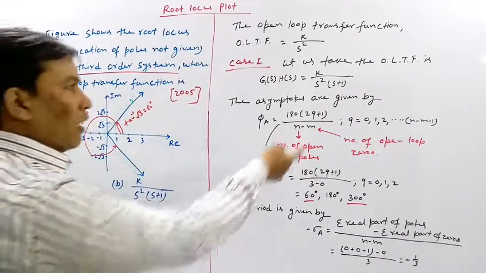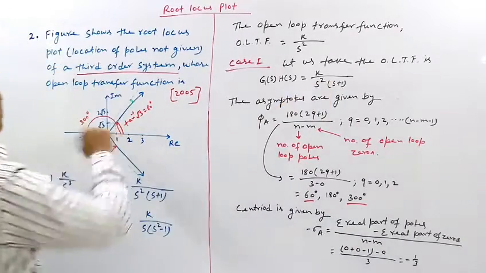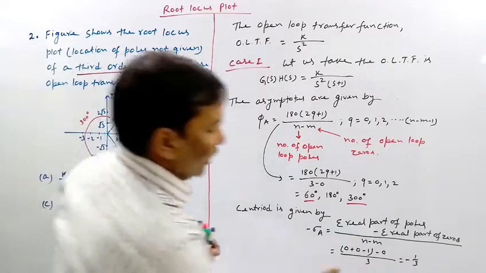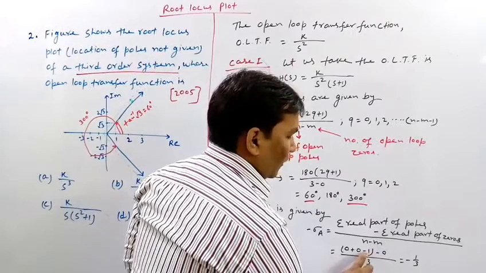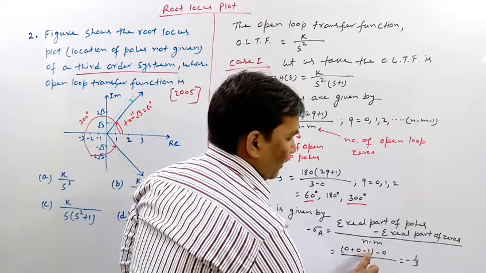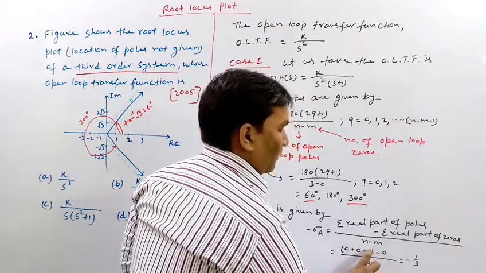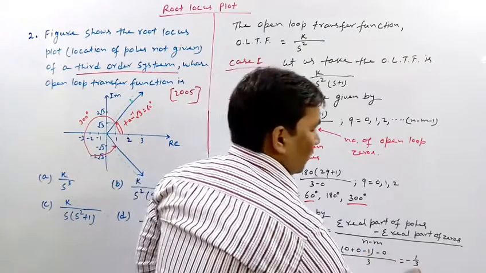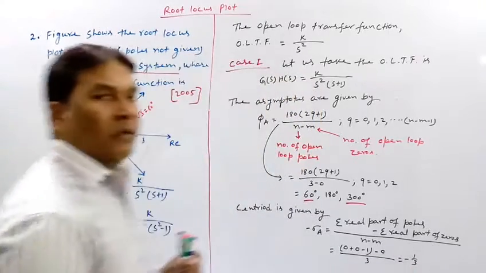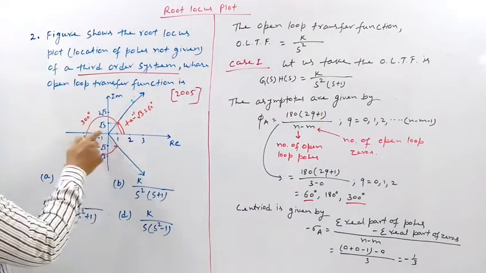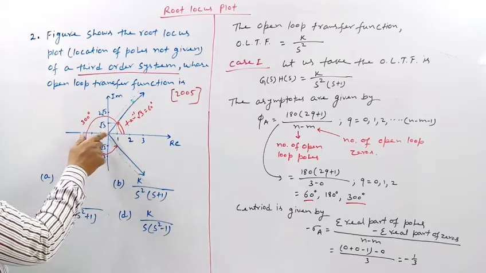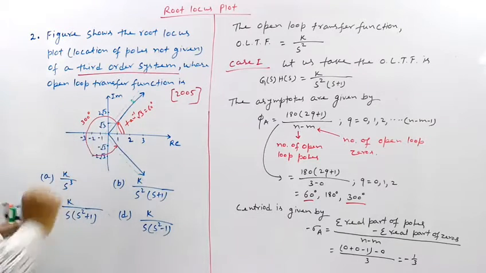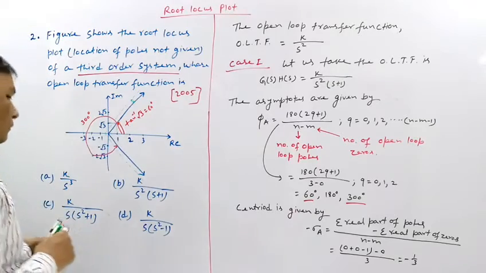It should also be at s equal to 0, because if the third root is at s equal to 0, then this quantity will also be 0, and the centroid will be at 0, and all three branches will start from 0, and all three will meet at origin.